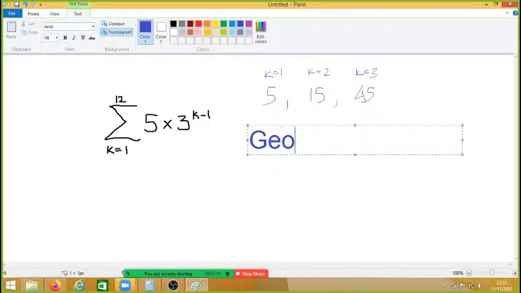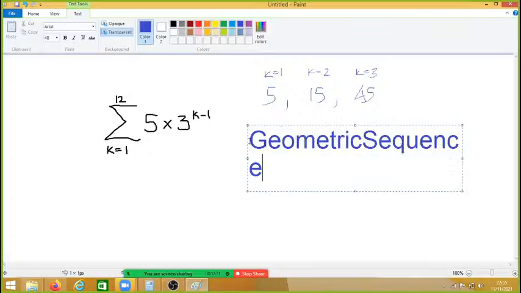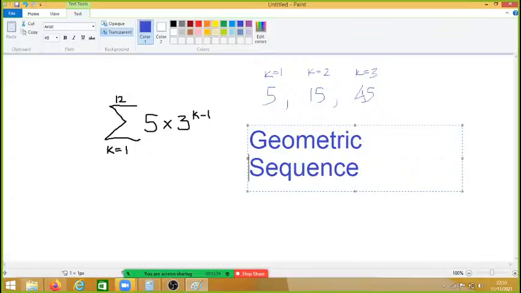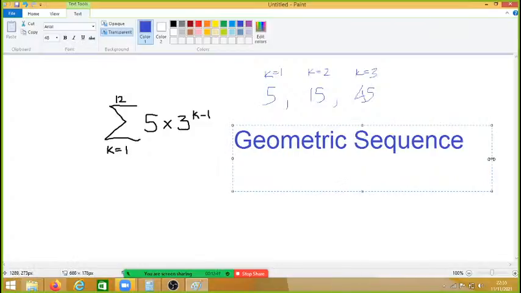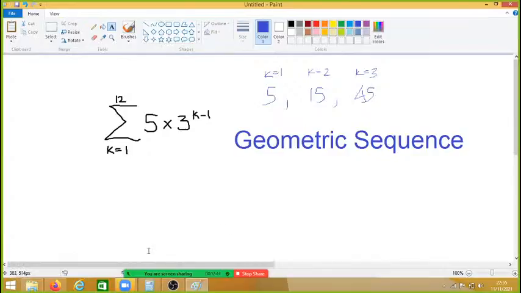So hopefully you figured out it's a geometric sequence. And then when you're thinking of the formula for the geometric sequence, whether it's the nth term, or the sum of a sequence, or the sum to infinity, what are the key things that we need to know that we can tell from just the first 3 numbers?